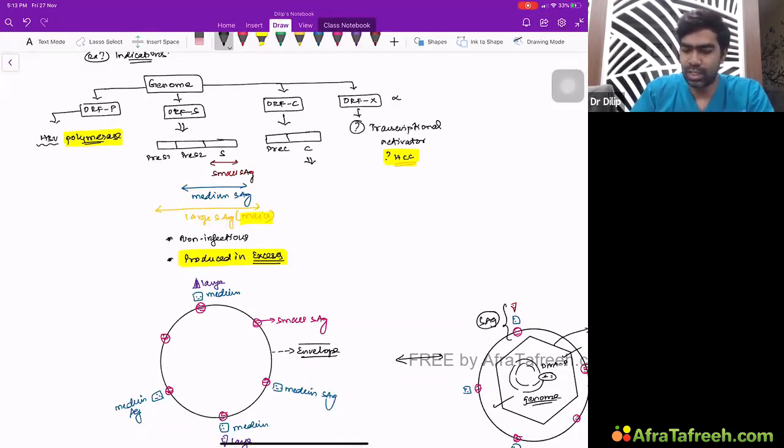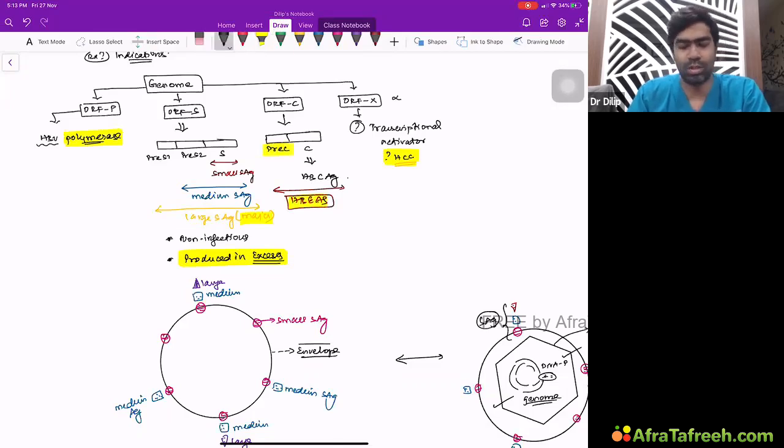And of course, the C gene is going to produce the hepatitis B core antigen, and this combination of C and pre-C is going to produce something called hepatitis B E antigen. So this pre-C region is very important for producing E antigen. That's the take-home point. So pre-C and C together will produce the E antigen, and C alone will produce the hepatitis B core antigen.